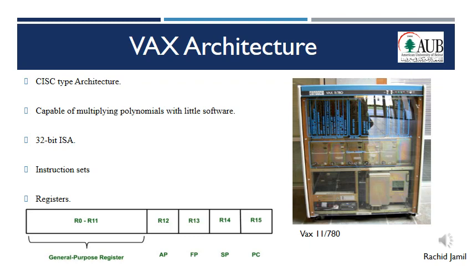The VAX architecture was first introduced on October 25, 1977 by the Digital Equipment Corporation, DEC, and it was first introduced by VAX 11/78. The VAX architecture was a CISC type architecture, which means it had a complex instruction set, which means its instruction set may vary between bits and other things such as opcode.